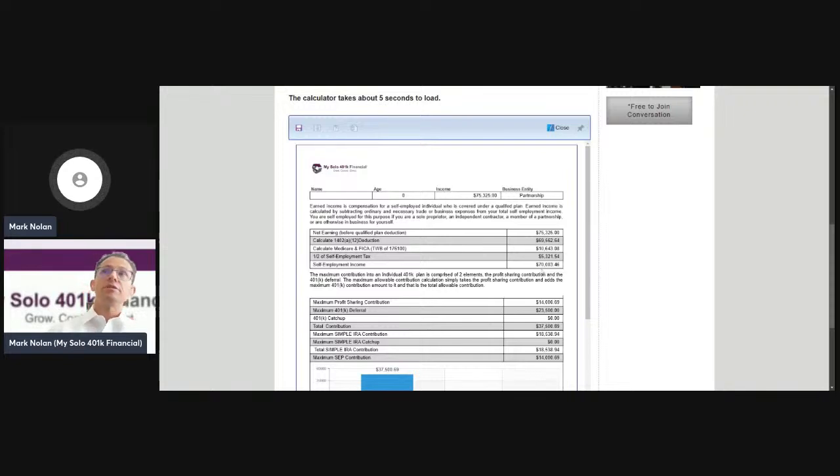Therefore, you can contribute the full $70,000 for 2025 to the voluntary after-tax solo 401k bucket, and then immediately convert it to the Roth solo 401k or the Roth IRA.